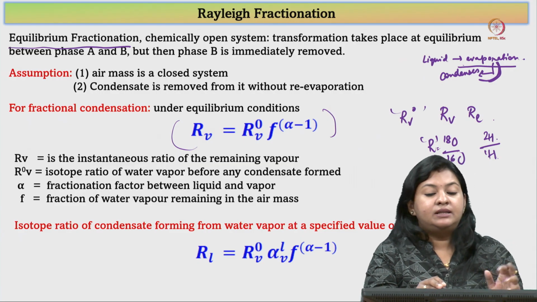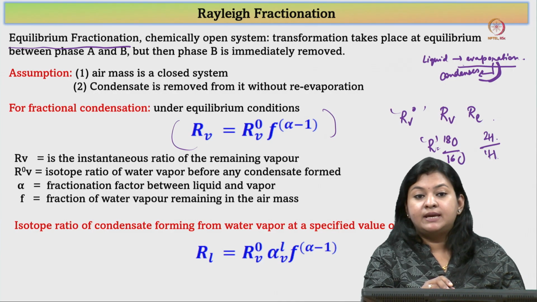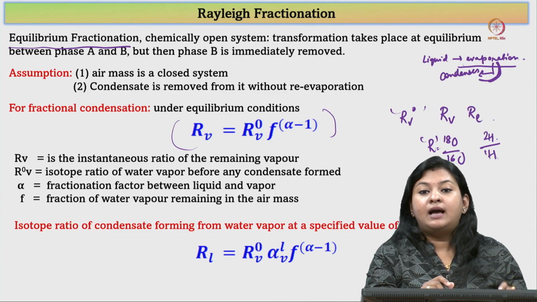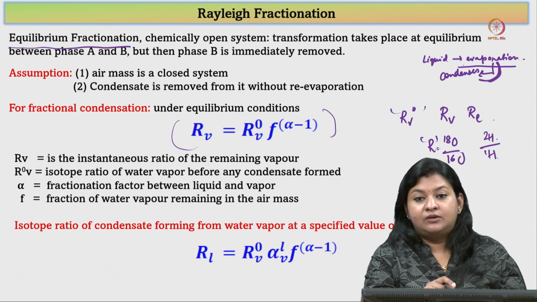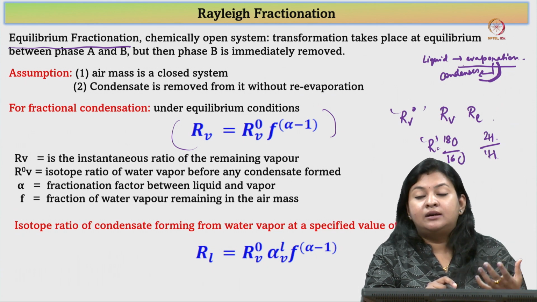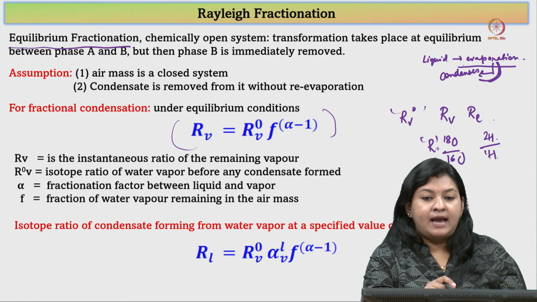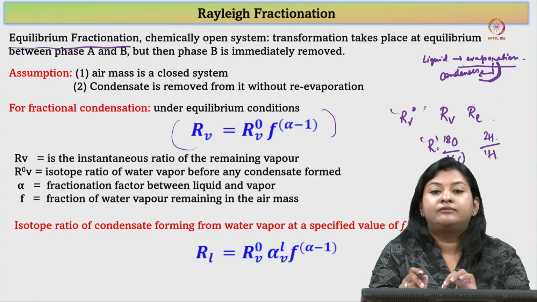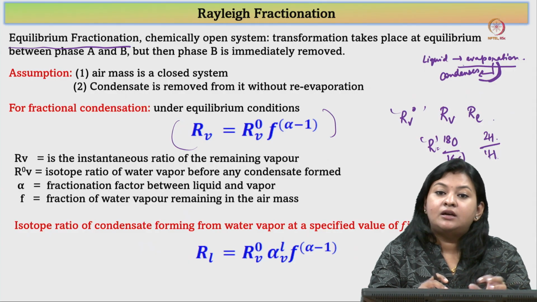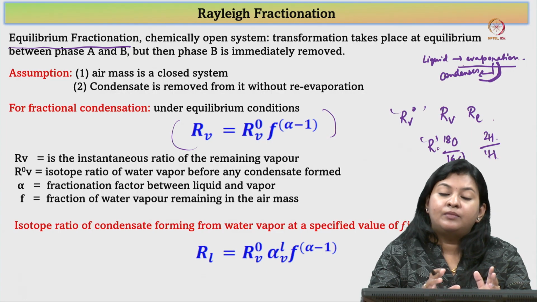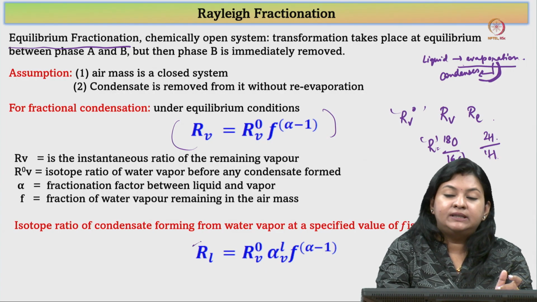Another important equation that we are going to use is to find out the isotope ratio of the condensate, of the rainfall, of the snowfall that is forming from the water vapor at a given specified fractional contribution. So, this is the rainfall or the snowfall's composition. That is the ratio in the liquid.